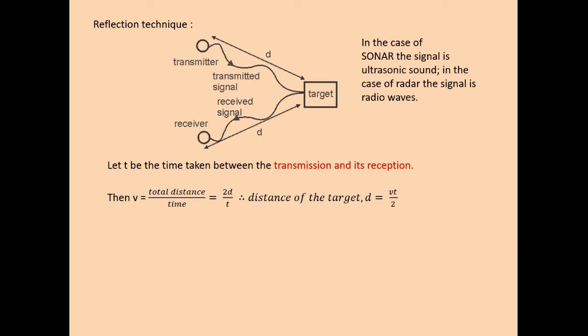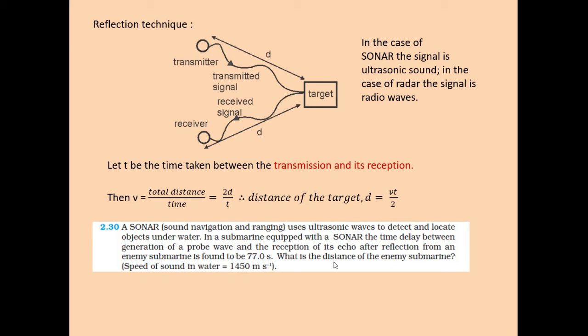Now we will do a simple problem. A sonar. This is a textbook problem. The expansion of sonar is sound navigation and ranging. It's an acronym. Shortly, sonar uses ultrasonic waves to detect and locate objects underwater.